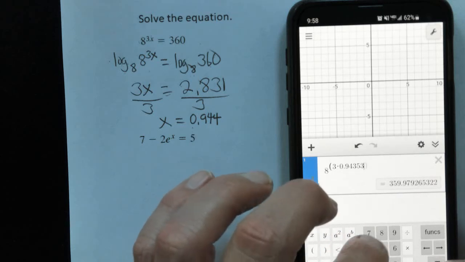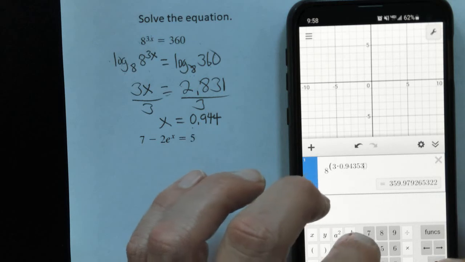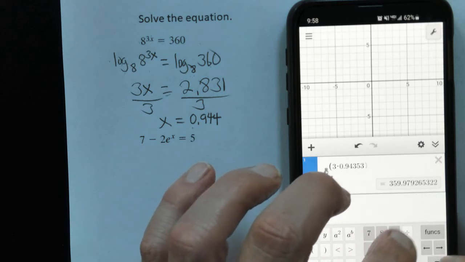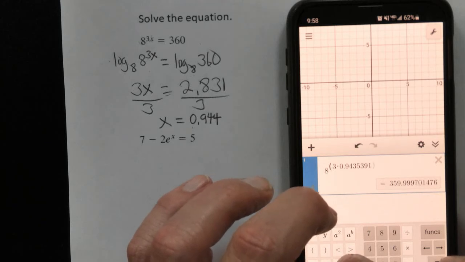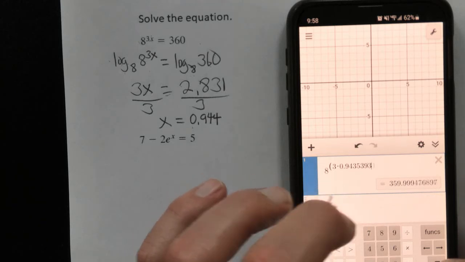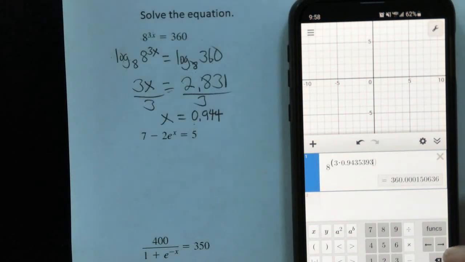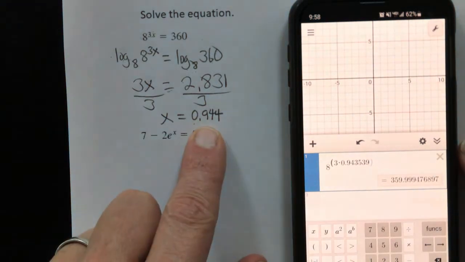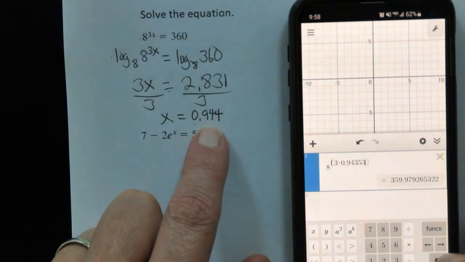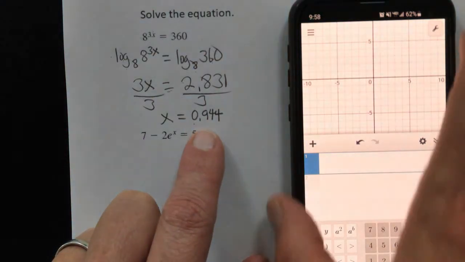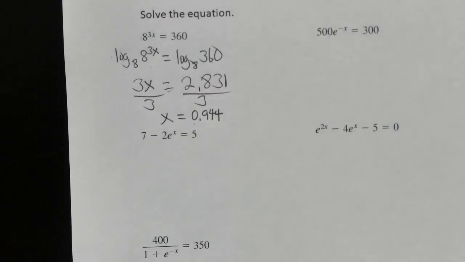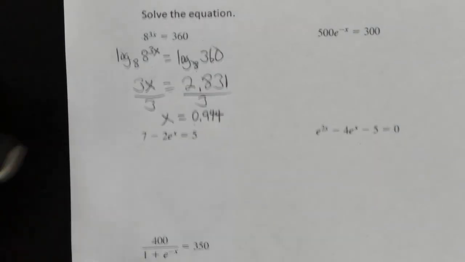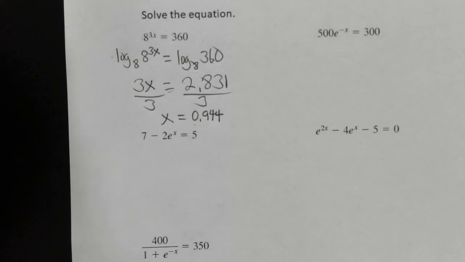And we're getting really close to it now. The reason it was off a little bit is because we rounded off our answer. But if we put the exact number in there, then it would be correct right on to 360. So that's a way that you can double check those. Anytime you're not sure, just plug in what you get and double check your answer.